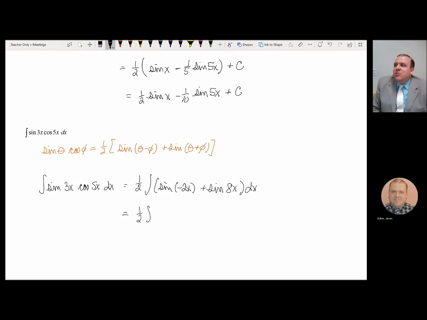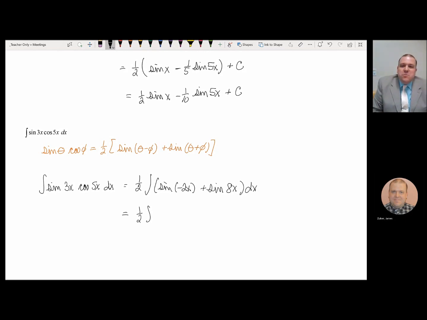I don't like having the negative inside. You should remember that sine is odd. Cosine is even. That means that sine of negative x is negative sine of x. That's what it means to be odd.